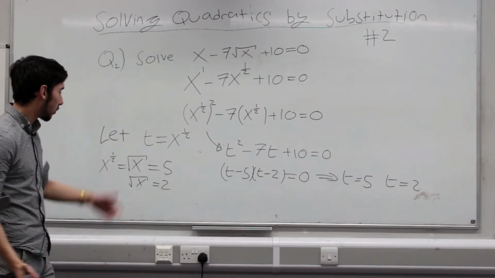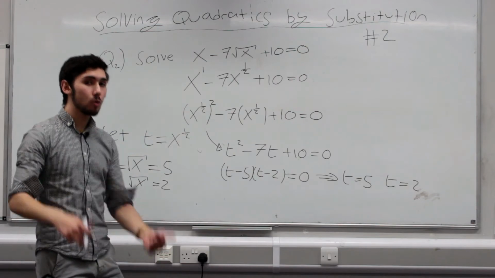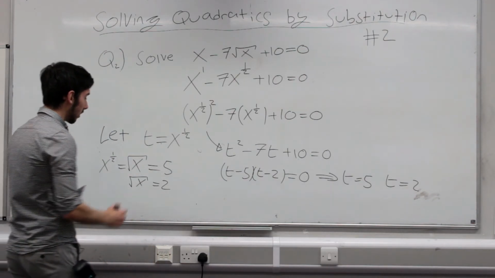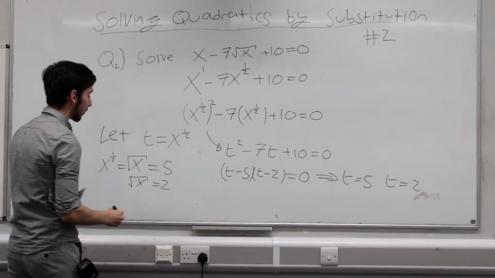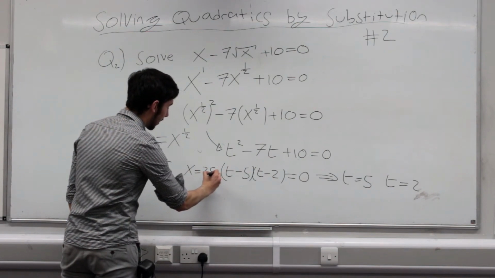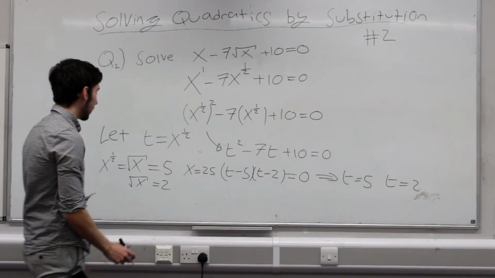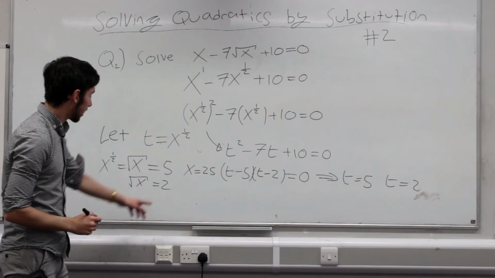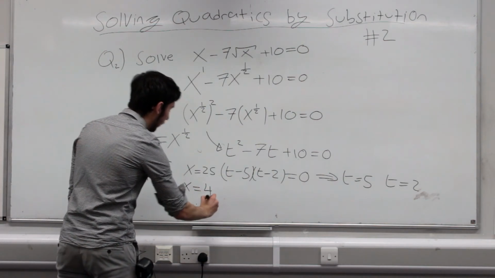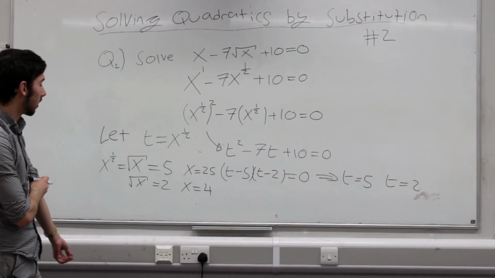So let's just solve this problem. If the square root of x is equal to 5, well, let's just square both sides. Then x is equal to 25, okay? If the square root of x is equal to 2, then x is equal to 4, okay?